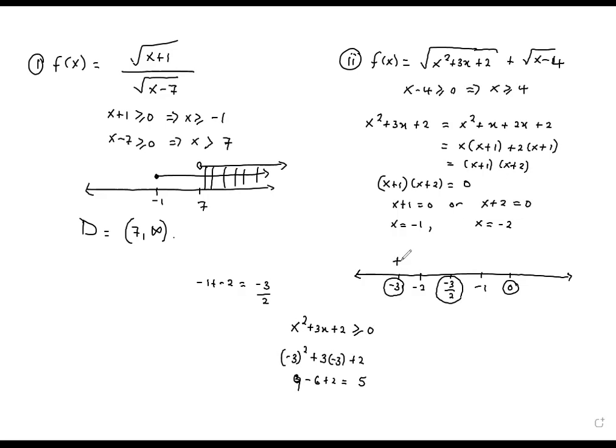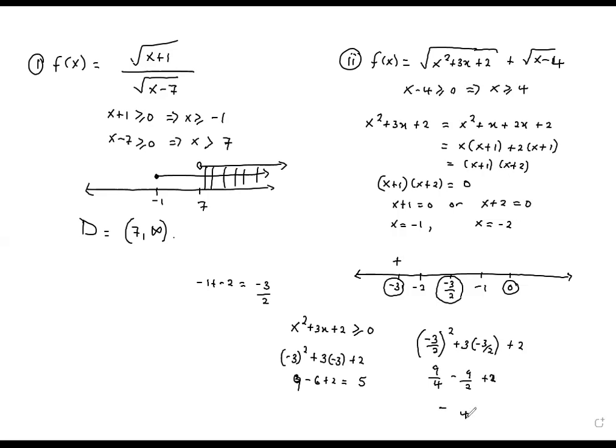Then we get negative 3 over 2, have it squared, plus 3 times negative 3 over 2 plus 2. So we have 9 over 4 minus 9 over 2 plus 2.